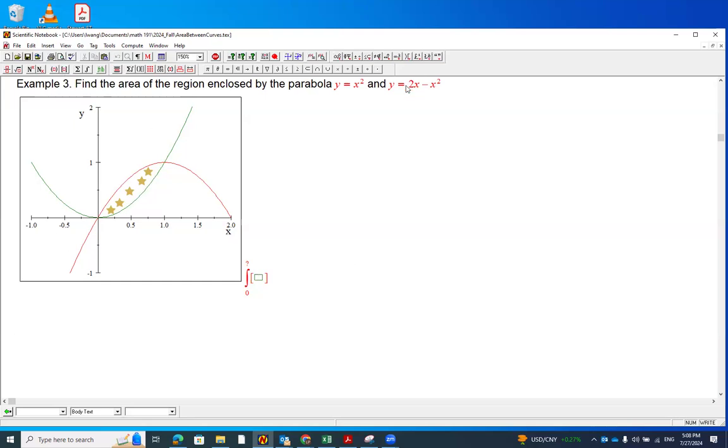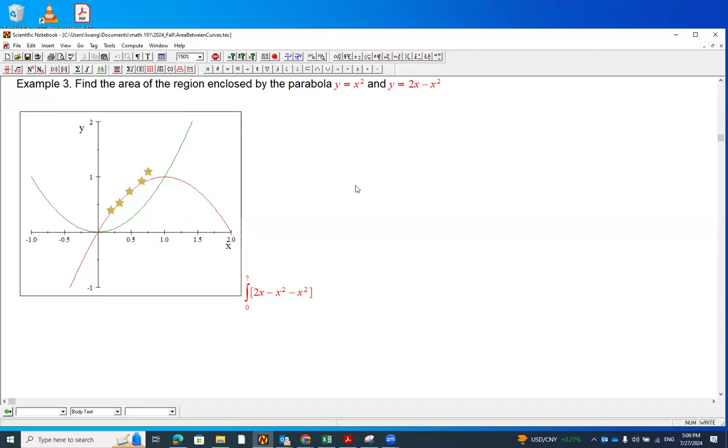Okay, the curve above is 2x minus x squared, and the curve below is x squared. So we can certainly set up like this, but can we be certain of the intersection? Because it looks like we need to find the point of intersection before we can go ahead with the integration, right? We have to find the point of intersection between the two curves.